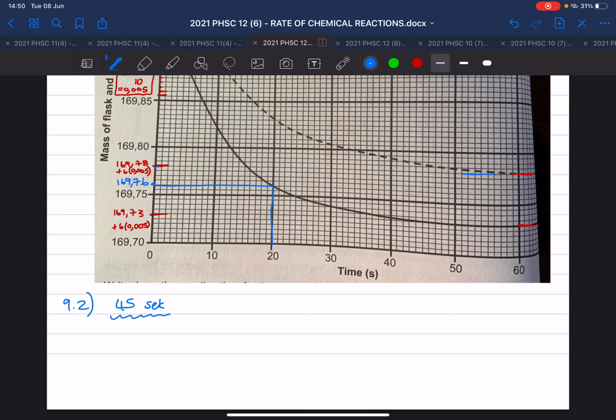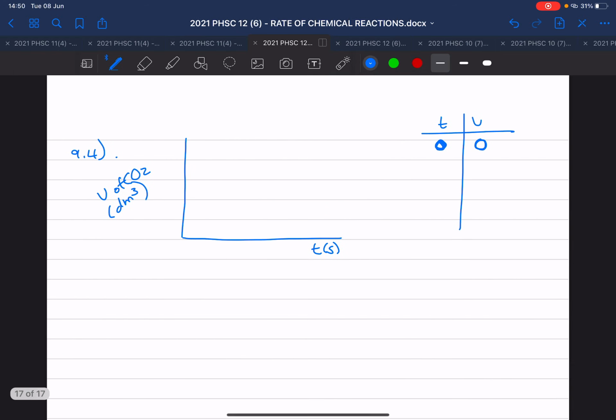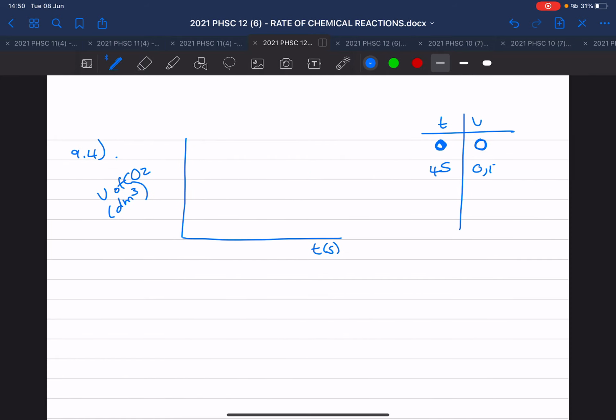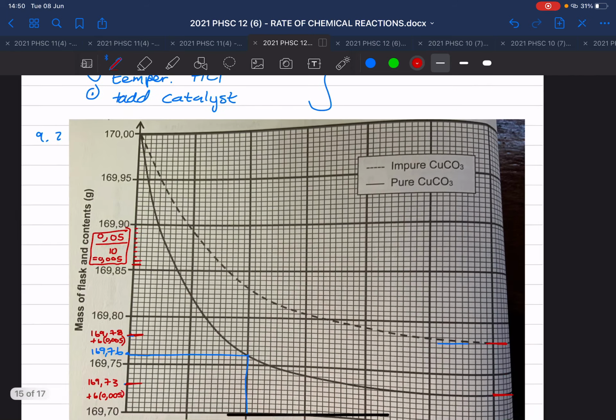Then, your first question that you've answered there is how long it took. If you said 45 seconds or 42 or 50, whatever. So we know after so many seconds, what is the volume that is produced? You have just calculated that to be 0.137. Now with this, the gradient gives us the rate of the reaction. From this graph, you can see that the rate is not constant.